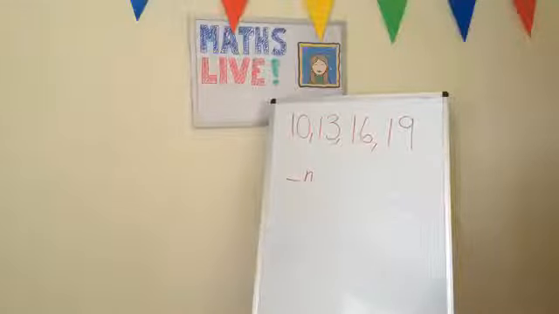Okay, it's 3n. Do you need to add anything or subtract anything? So you said it's 3n. So if I replace n with 1, 3 times 1 is 3. So is my first number 3? I've spotted one person's got it.